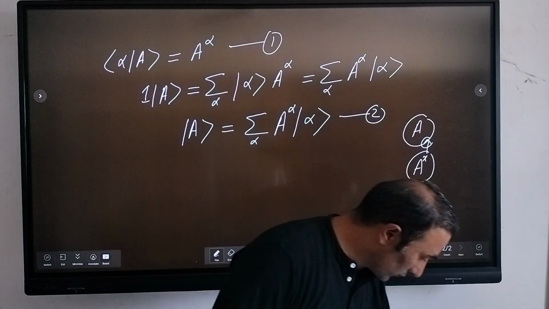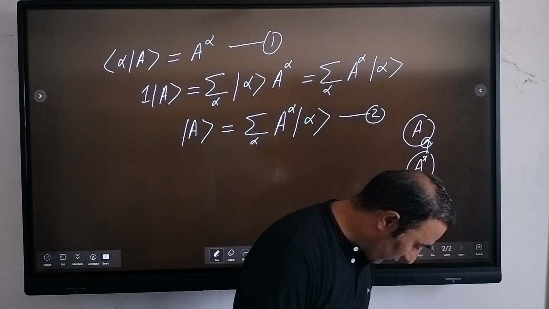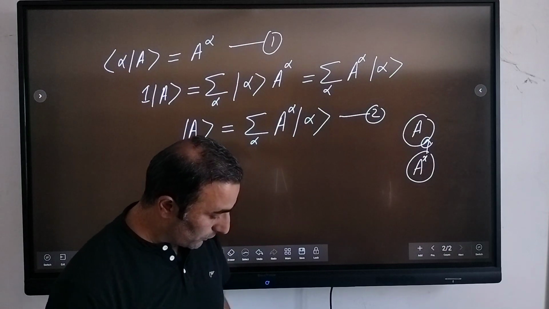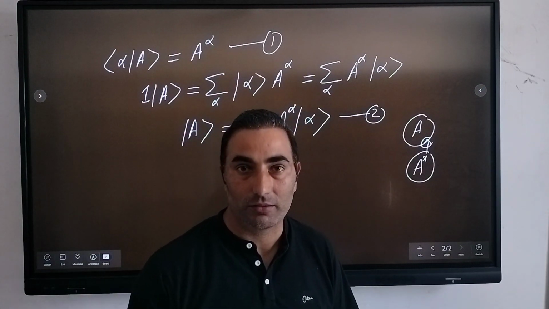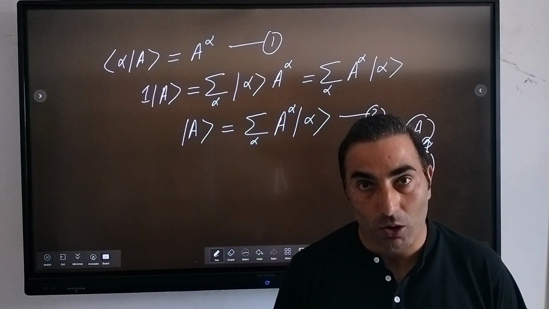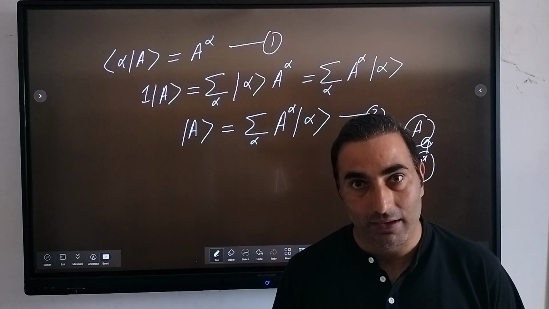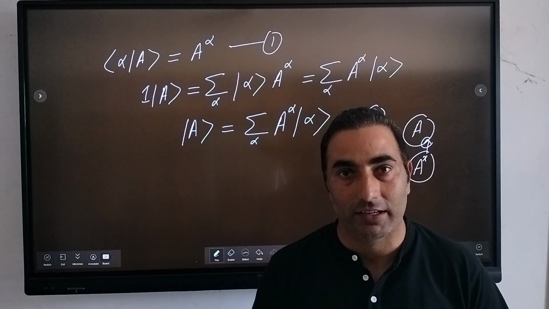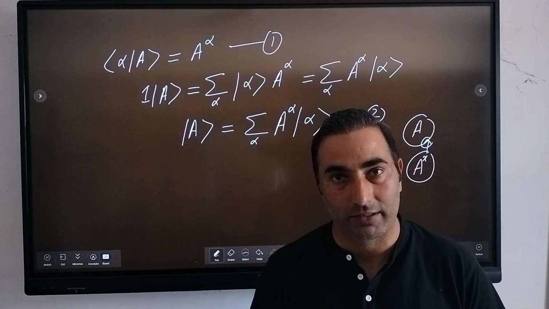Now coming back to this equation, we can check one more property. As I already told you, if you take the outer product between these basis vectors, it gives you simply a square matrix, right?